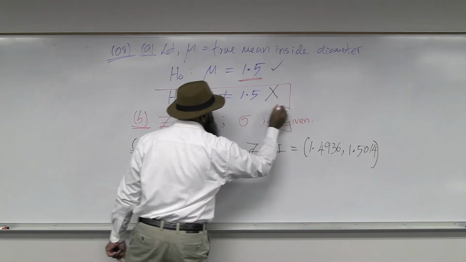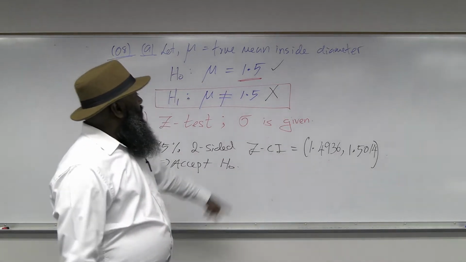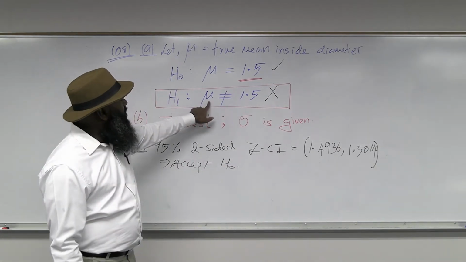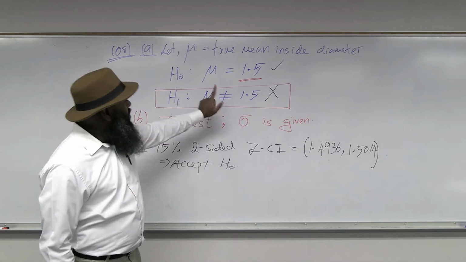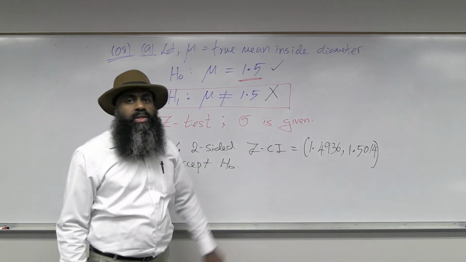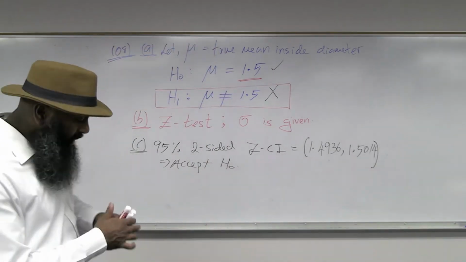Interpretation is only about the alternative. Our data do not support the fact that the true mean inside diameter is different from 1.5. We should also specify the probability level. So we will write it this way.